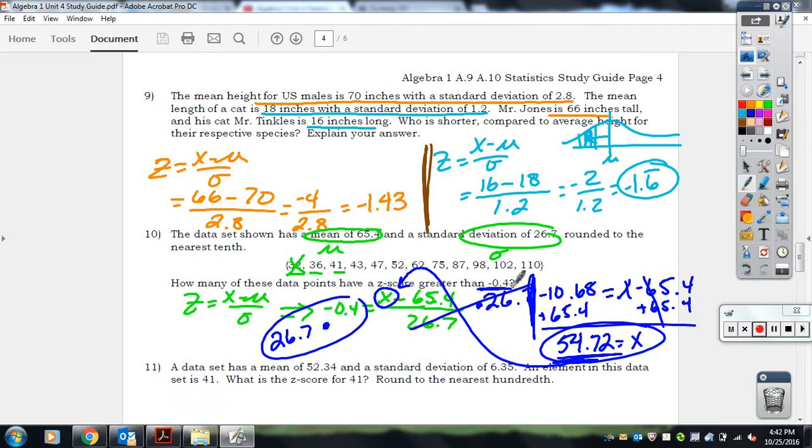Now we're looking for things bigger than negative 0.4, so let's choose elements bigger than 54.72. Those are this one, this one, this one, this one, this one, and this one. Again, you could plug in all 12 numbers to find the z-score for each, but that's a lot of work unless you stop and work smarter, not harder.